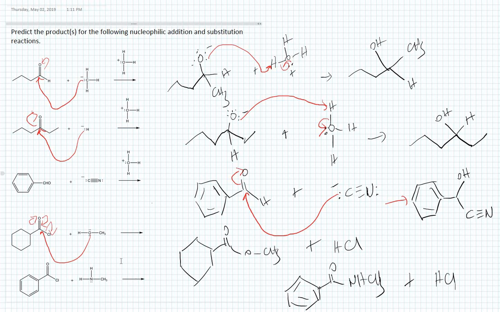And in the last 2 examples we had nucleophilic acyl substitution reactions. We had acid halides. Chlorine is a good leaving group, so the nucleophiles methyl alcohol and methylamine reacted. Then we formed in the first case an ester, in the second case an amide. Thank you so much for watching.